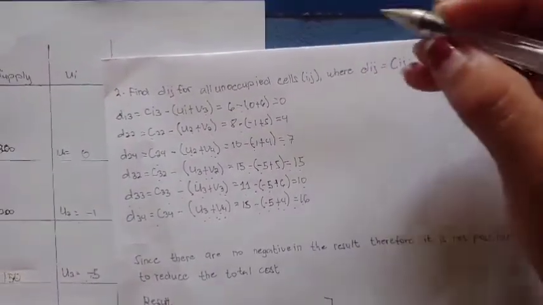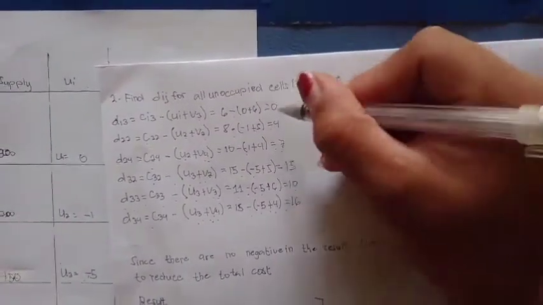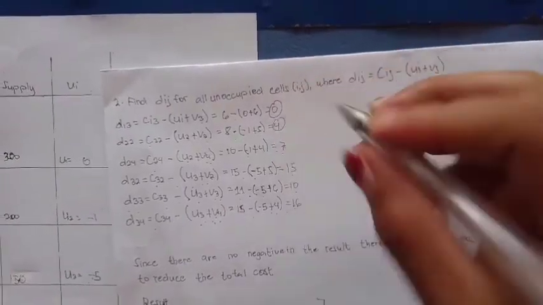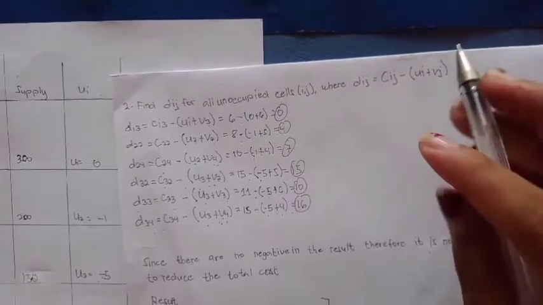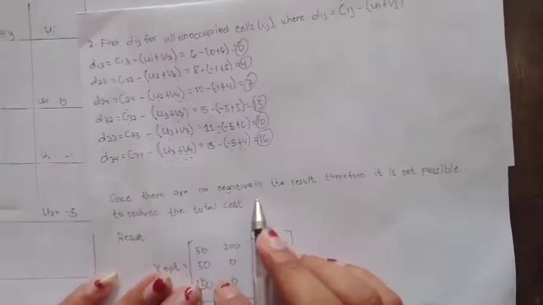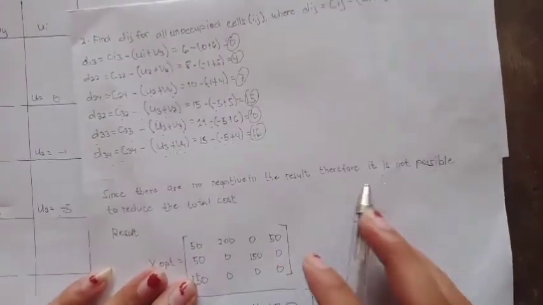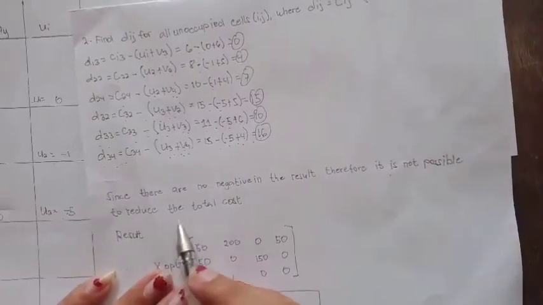So as we can see, there is no negative in our unoccupied cells. Since there are no negative results, it is not possible to reduce the total cost.